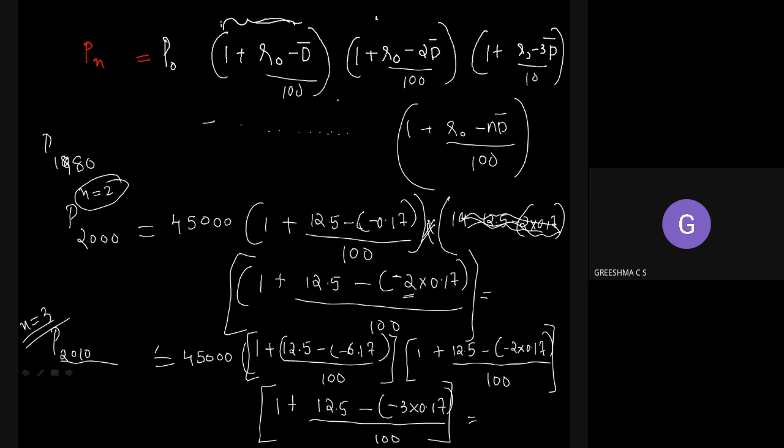That is, up to n times this term has to be repeated. Here n is equal to 3, so repeat this term 3 times. Now n is equal to 2, then this term has to be repeated 2 times. So tell me how much is that?